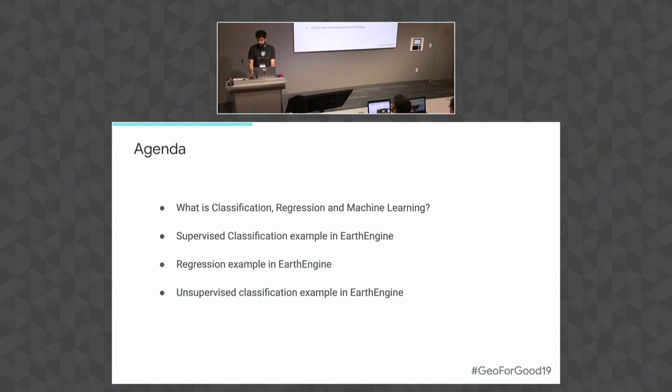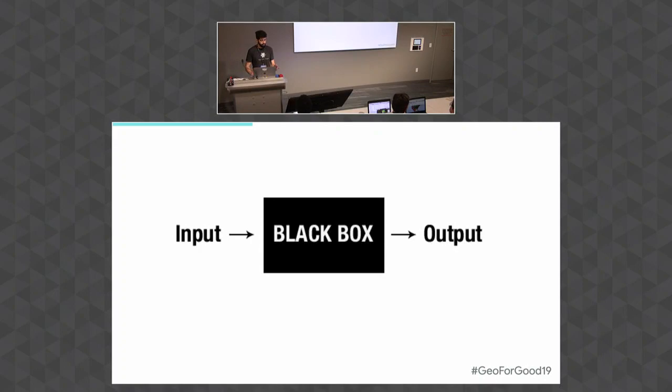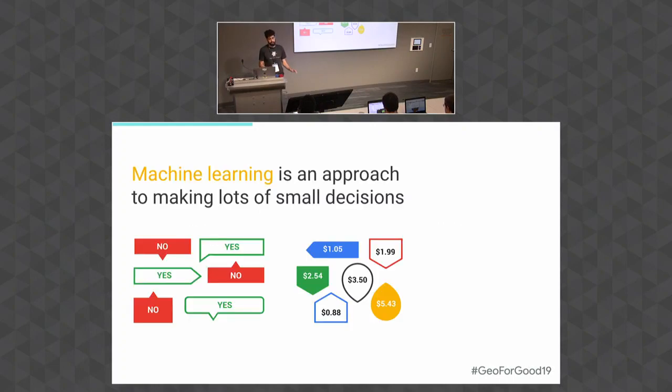So to dive into the box a little bit, when a lot of people think about machine learning, what they think is you have input, there's a black box, and there's output. That's all they know. So we're going to try and peel back what is in that black box just a little bit. Machine learning is simply an approach to making a lot of small decisions.